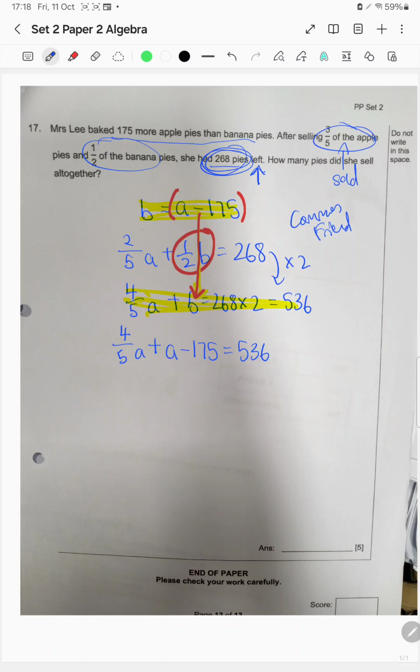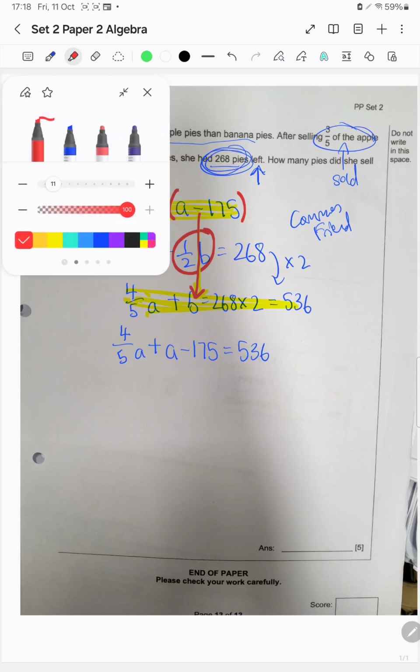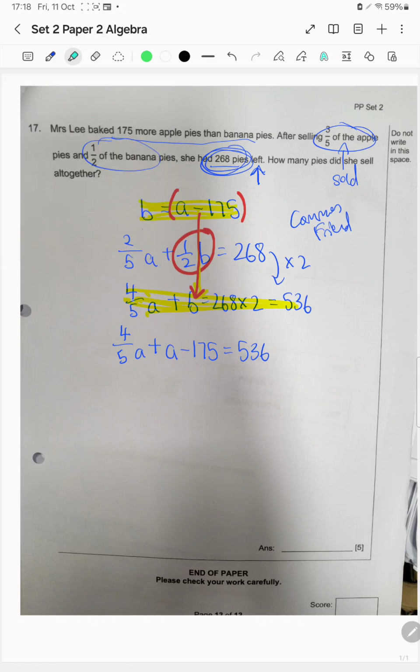Do you still remember when I shared with you that if you're going to bring this particular value on the number and cross it over an equal sign, you will have to change its sign? So if over here is a minus, when it crosses the equal sign to the other side, it will become a plus, okay.